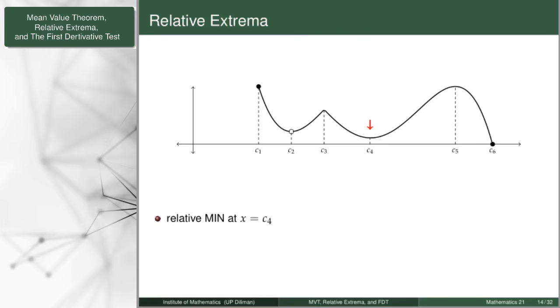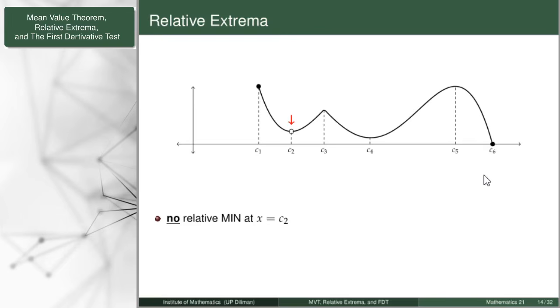Now based on our definition, the left point, which is c1, and the right point c6 are not relative extremas, even though it's kind of big and this is the smallest if you make a ball. However, we are looking for interior points for our relative extrema. It means we will not be considering boundary points in our study. Also, we are not going to be studying things not in the domain, as was indicated in our definition.